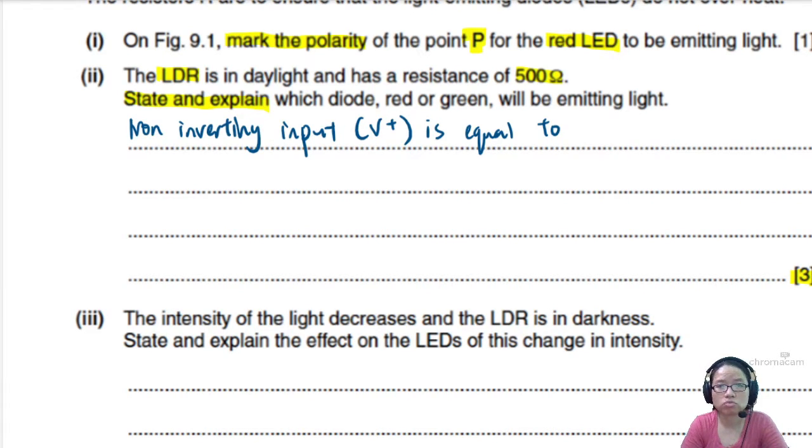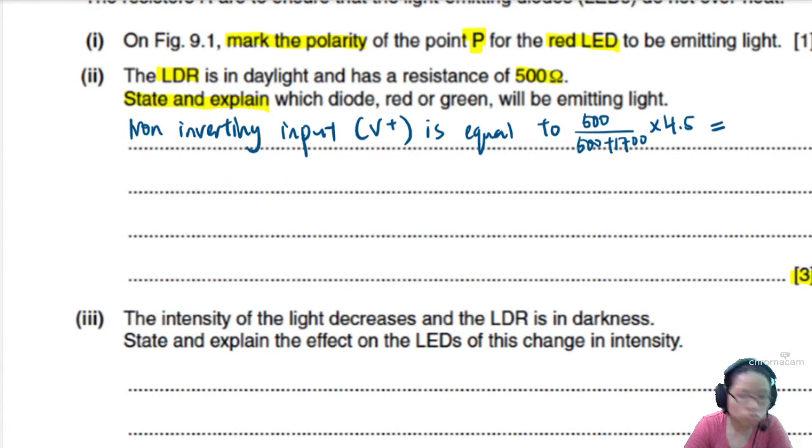So this one is equal to 500 over 500 plus 1700 times 4.5, which is equal to 1.0 volt.